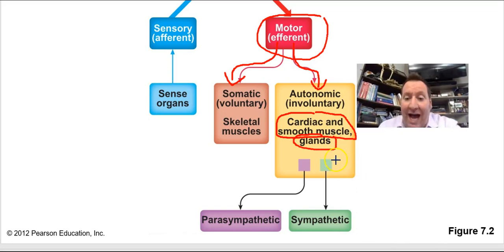Now, we break down the autonomic into two separate components, and you can think of these as rest and digest and putting your foot on the gas. We can think of the autonomic as controlling our unconscious thought, probably the best way to explain it.